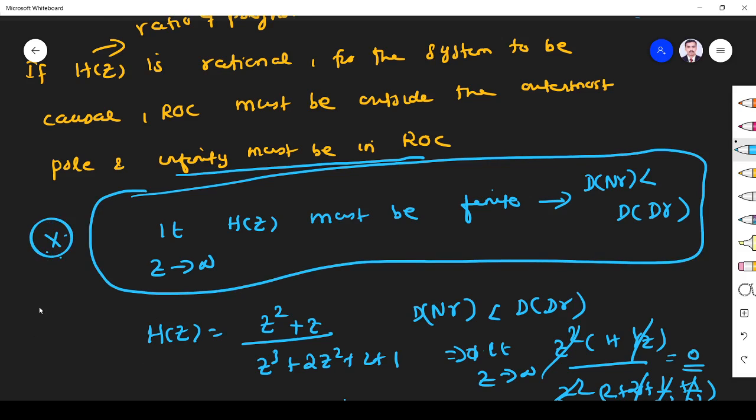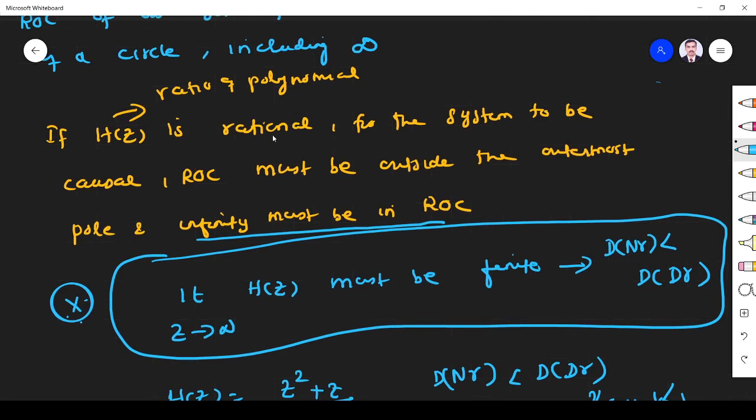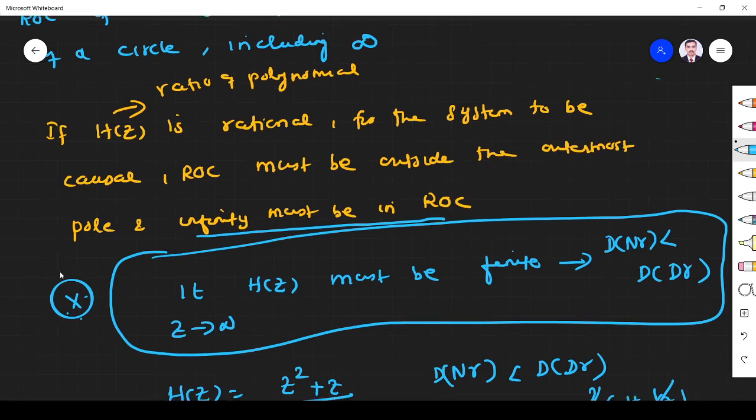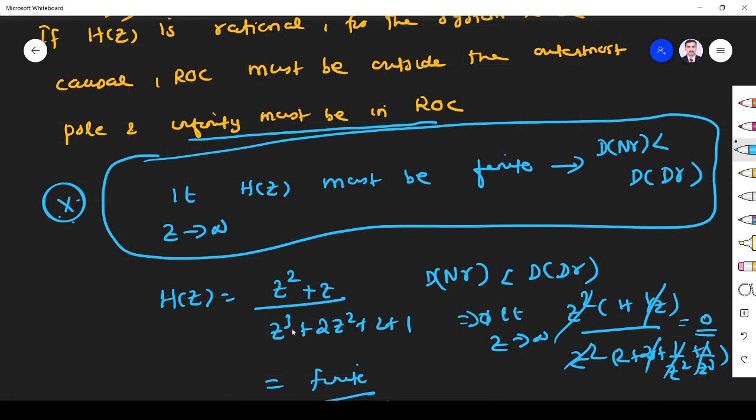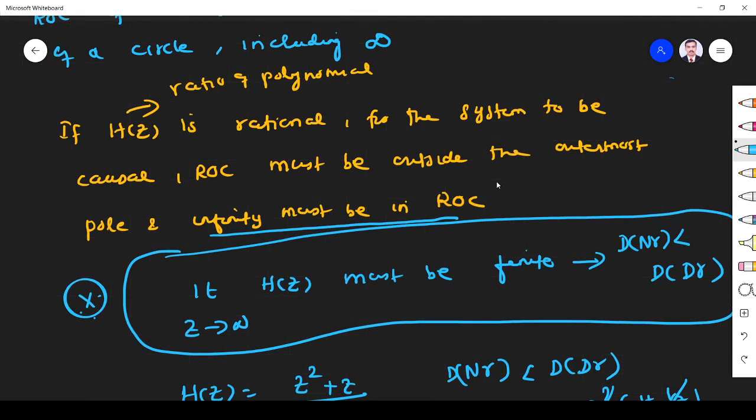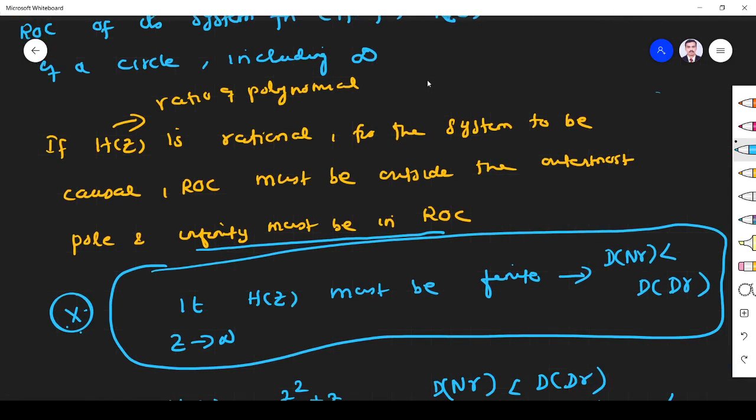So please keep it in mind. If H of z is a rational function, a ratio of polynomials, with a numerator polynomial and a denominator polynomial, then for the system to be causal, the ROC should be outside the outermost pole, that we know. The ROC should be the exterior of the circle, outside of the poles, and infinity must be in the ROC.